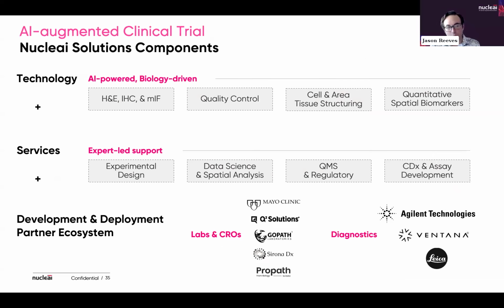And this is powered because we offer not just specific model technologies and not just specific services related to analyzing your data, but also because we built out QMS and regulatory components, and that we have relationships with key labs and diagnostics specifically across the board.